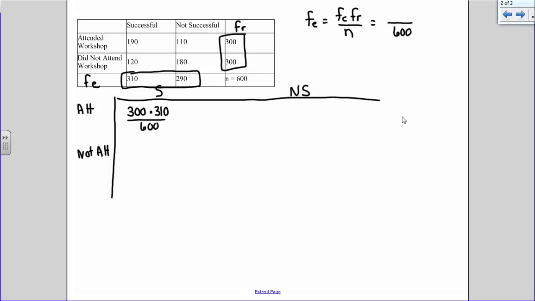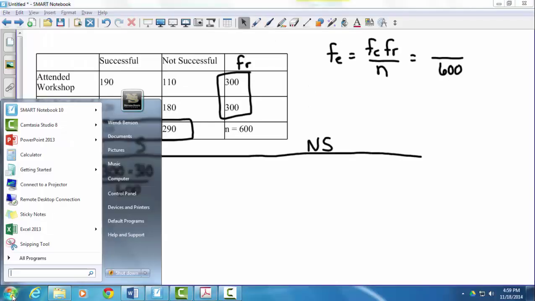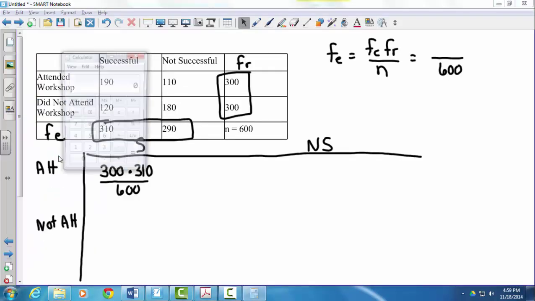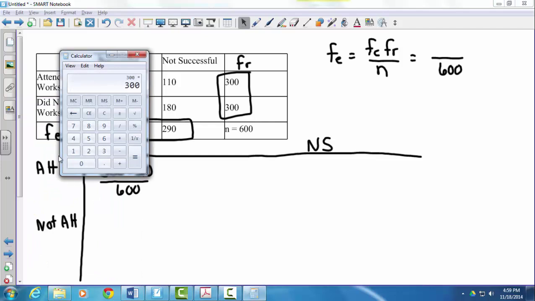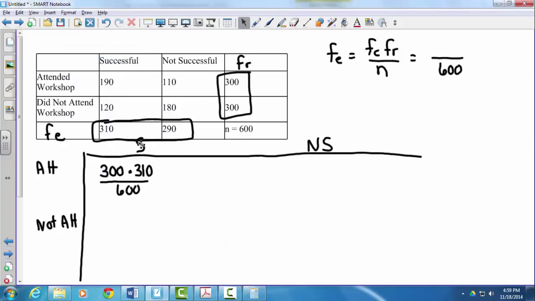And 300 times 310 gives us, let's see, 300 times 310, 93,000. Oh boy. Divided by 600, and you get 155.